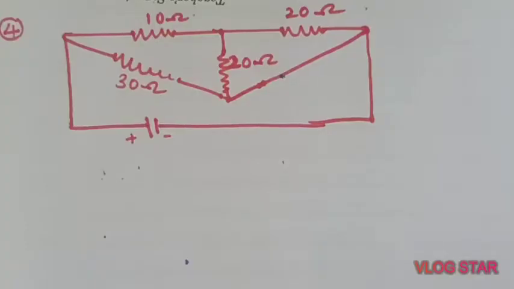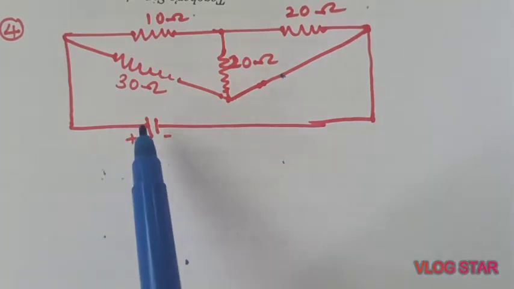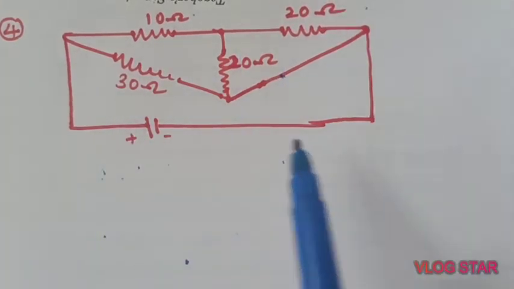Thank you. Now look at this example, where four resistors are connected in a very complicated manner, and we are supposed to find the total resistance of the entire circuit diagram. When we say the total resistance of the circuit diagram, we mean from the positive end to the negative end.